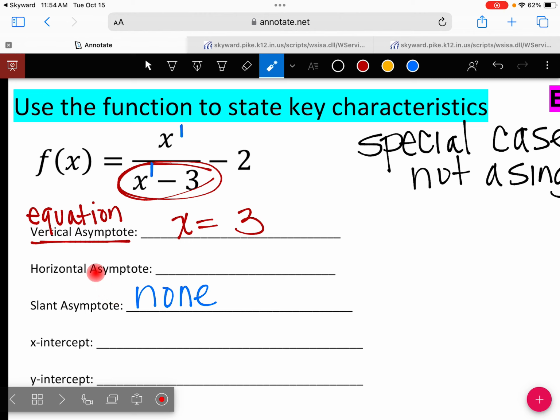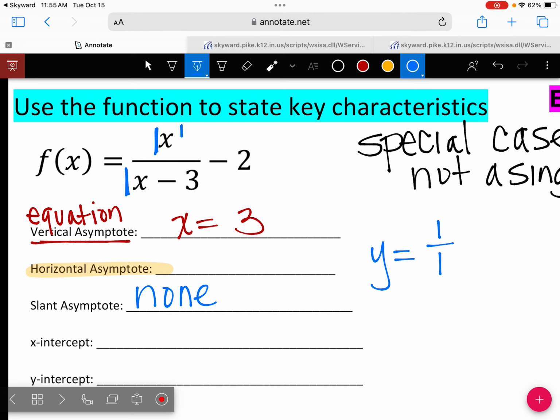All right, so now let's talk about the horizontal asymptote. So when we find our horizontal asymptote, that's the first thing that's affected by that -2. We're going to start off by dividing my leading coefficients, which would be 1 divided by 1. So for my horizontal asymptotes, I have y equals 1 divided by 1.